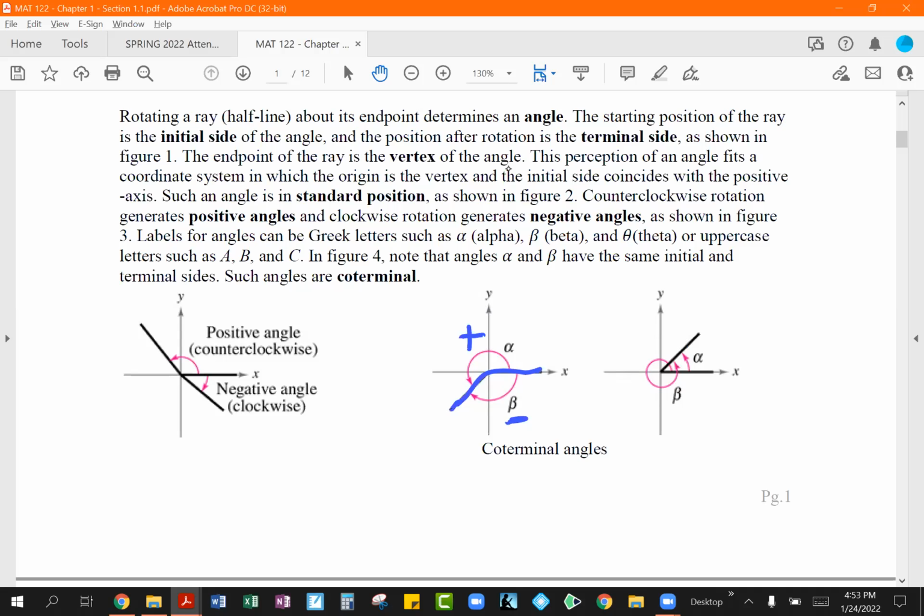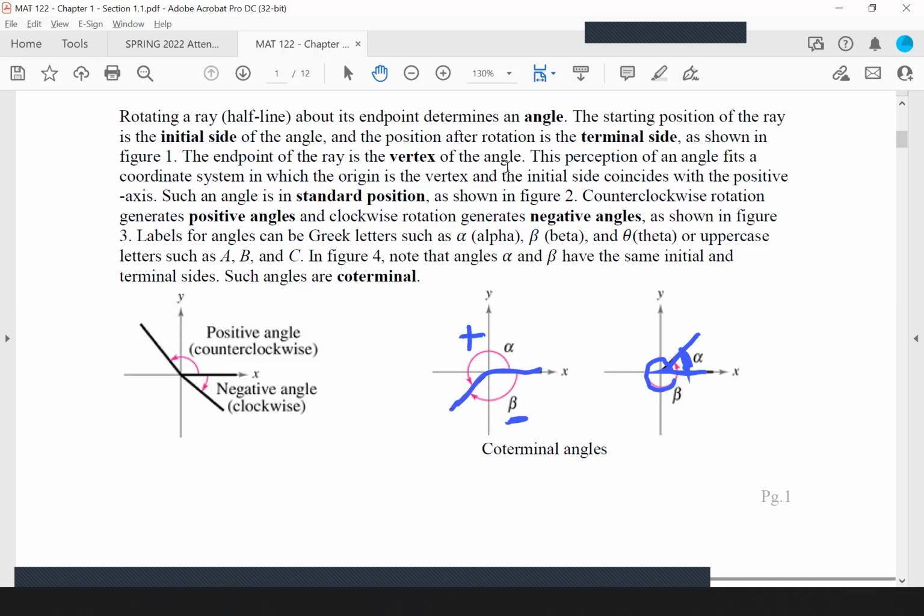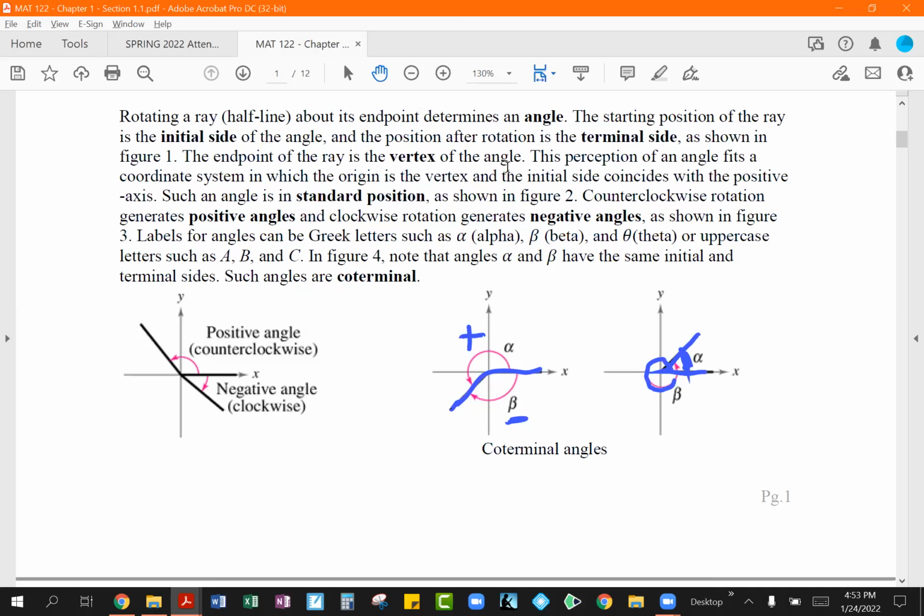The other thing we had talked about was the same angle design. You can see the initial and the terminal side, and you're still going in the same direction. The only difference is you've got your one angle over here, which is alpha, and then continuing in that same direction, you make one entire circle and end up back at the terminal side, and that also gives you two coterminal angles.